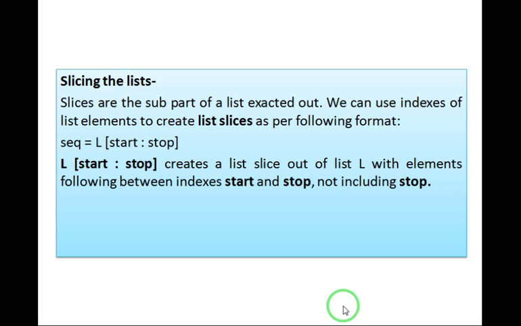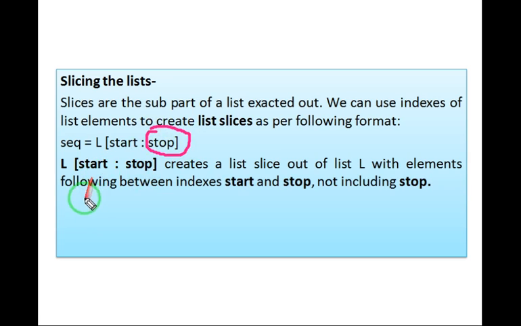As you can see on the screen, for slicing you have to specify the index numbers of the start element and the end element. But one thing you have to keep in mind is that while slicing it will display all the elements between the start and the stop indexes, but it will not display the value present at the stop index.